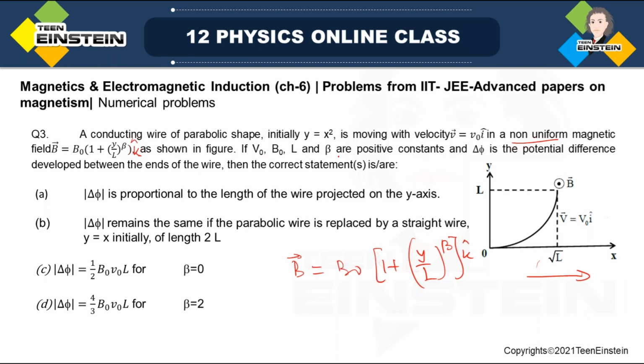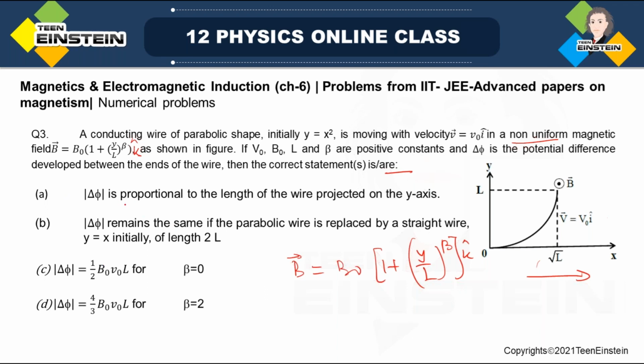If V0, B0, L and beta are positive constants and delta phi is the potential difference developed across the ends of the wire, then the correct statement is or are. There could be multiple correct answers. We'll see which are the correct options here.